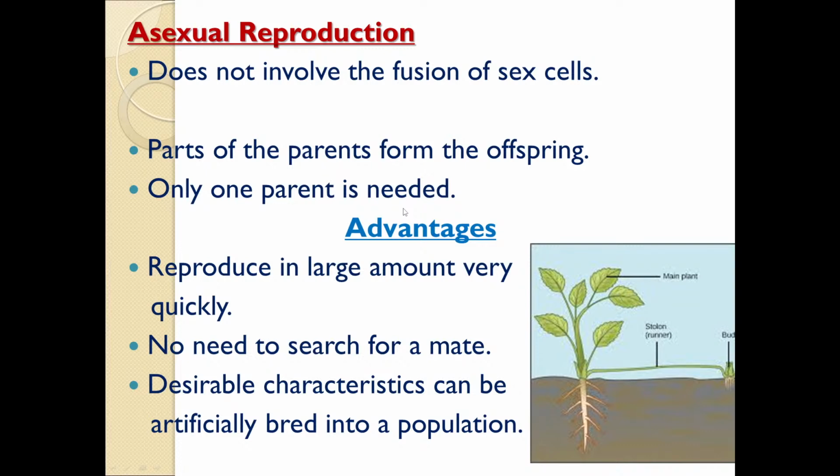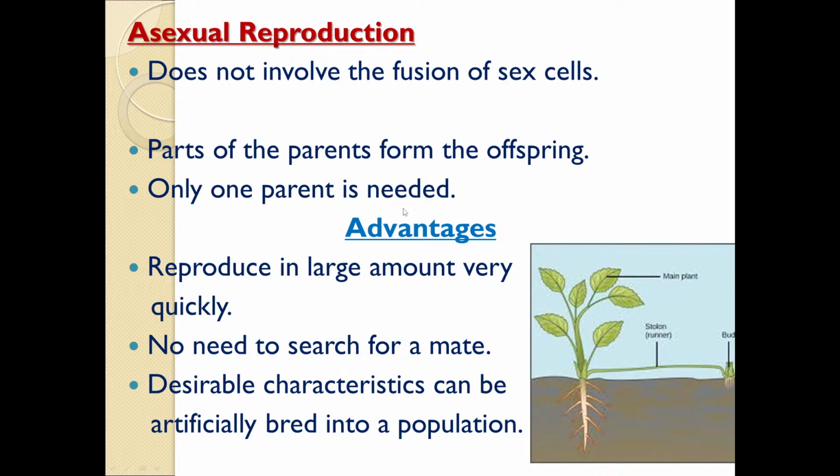As for the first point, they are saying that asexual reproduction does not involve the fusion of sex cells. Human beings, for example, can only reproduce by the nuclei of two sex cells joining together, which would be the nucleus from the sperm fusing with the nucleus from the egg.